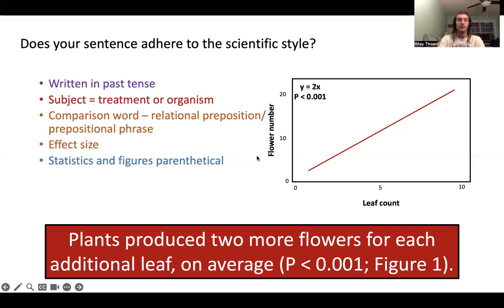Okay, so this will help us segue nicely into the next section, which is figures and tables. In addition to the written part of your results, like I've said already, figures and tables are a really important part of your results section.